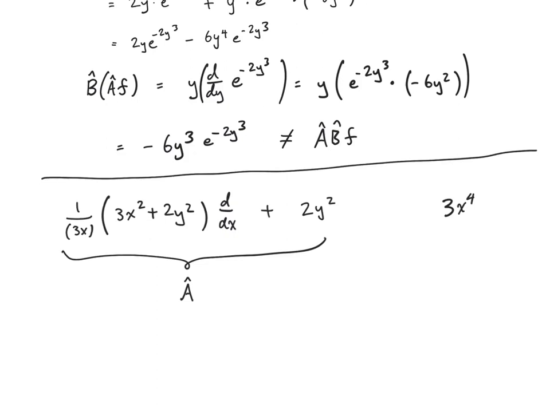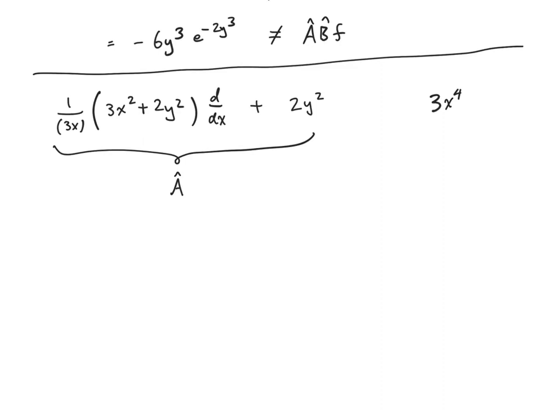3x to the fourth. Now, I would like to point out that this big operator is actually composed of several smaller operators. So I could say that that's b hat right there. I could say that that's c hat right there. That's d hat. And then this maybe could be e hat. Something like that.